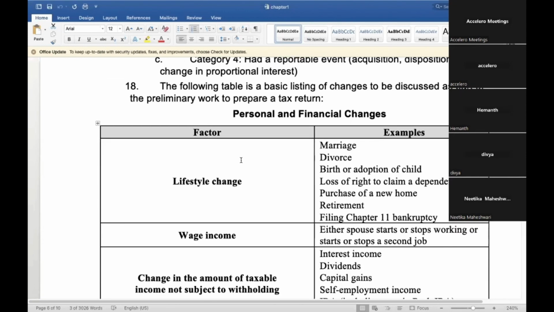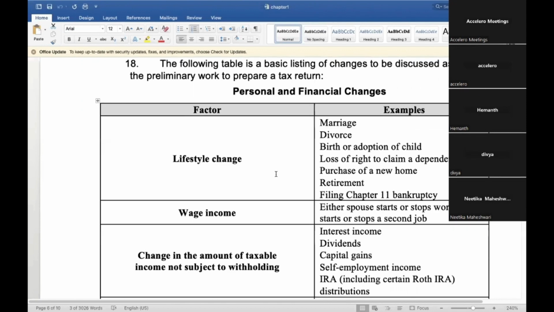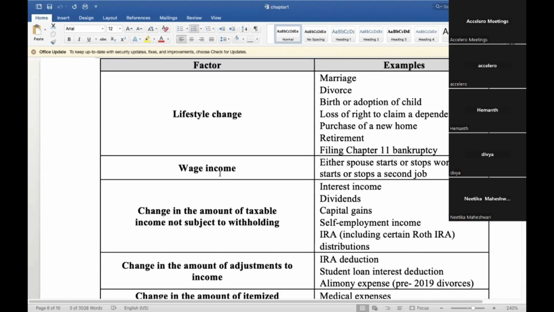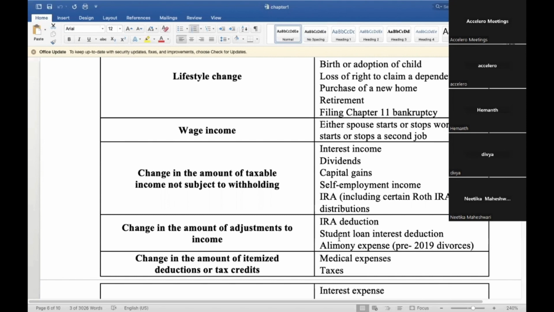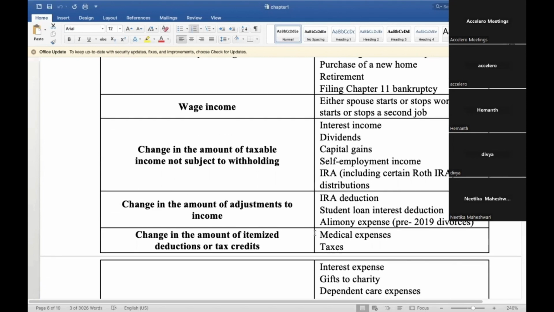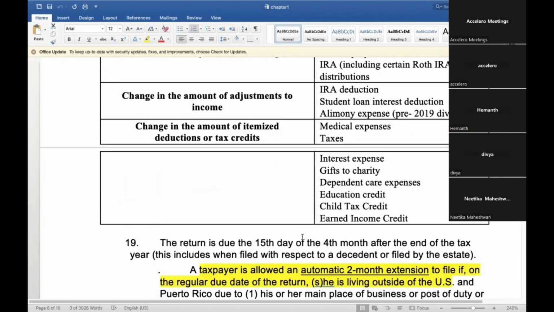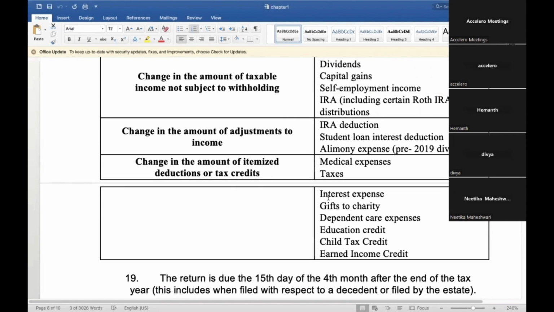Whenever we are starting the tax return for a new year, we always have to see if there are any changes in personal matters like marriage, divorce, birth, adoption, or if wage income or any other kind of withholding has been made or not. We need to take into account all of these different kinds of income and expenses as well.